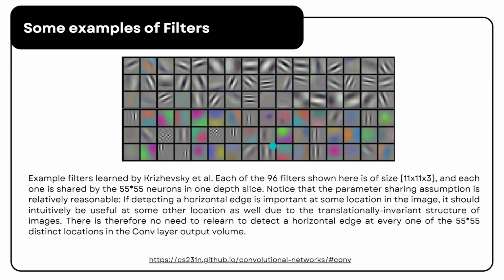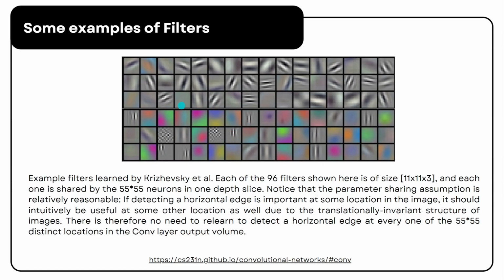Here's another set of filter examples. These filters were also learned by a convolutional neural network during training. And you can see that many of them capture patterns like diagonals, stripes, and gradients.